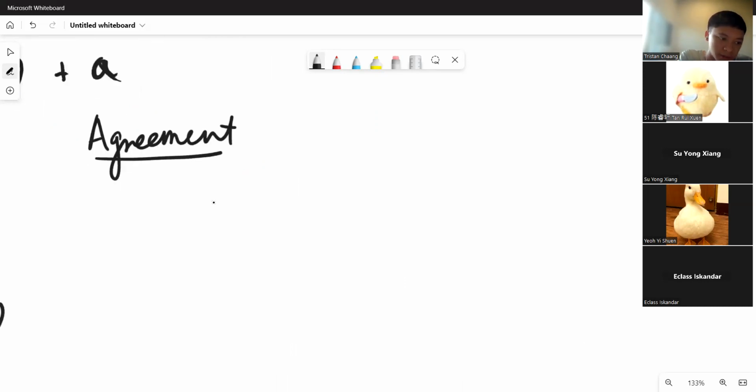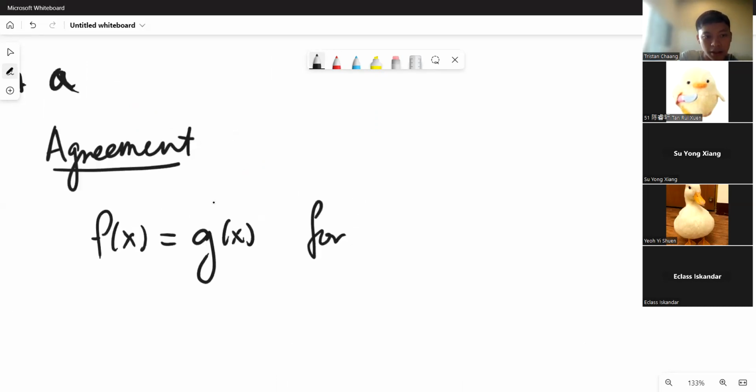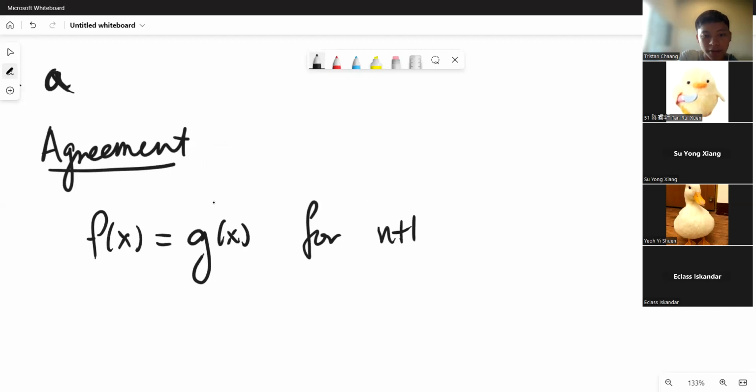So if, let's say, fx equals gx for n plus 1 values of x, where these two are polynomials of degree less than or equal to n.